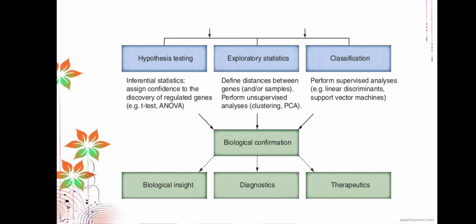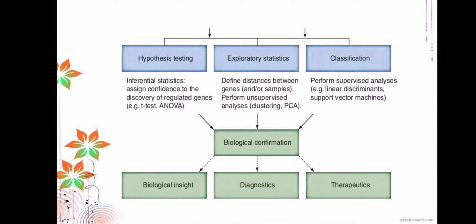And then from these research methods, because these are a combination of informatics and wet lab applications, you also do biological confirmation. So you culture cells, basically in vitro studies, so that you can get biological insight and know the pathway. Perhaps these genes are giving us insight on the pathway to this condition, or you can use them as a diagnostic tool for early disease detection, or this information can be used for therapeutics.